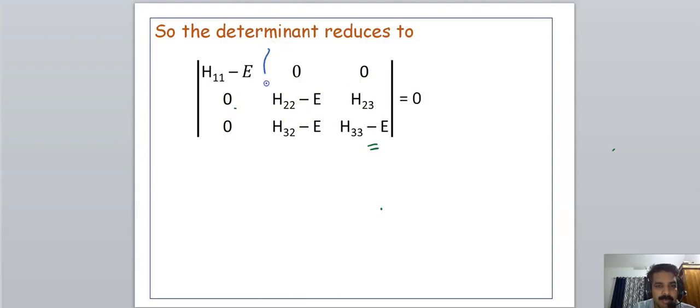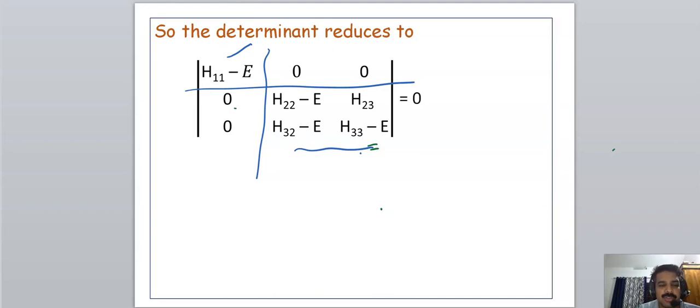That is, it is block factored into a one-dimensional determinant and a two-dimensional determinant. Okay, clear. So we can solve it separately, that is, H11 minus E equal to 0.